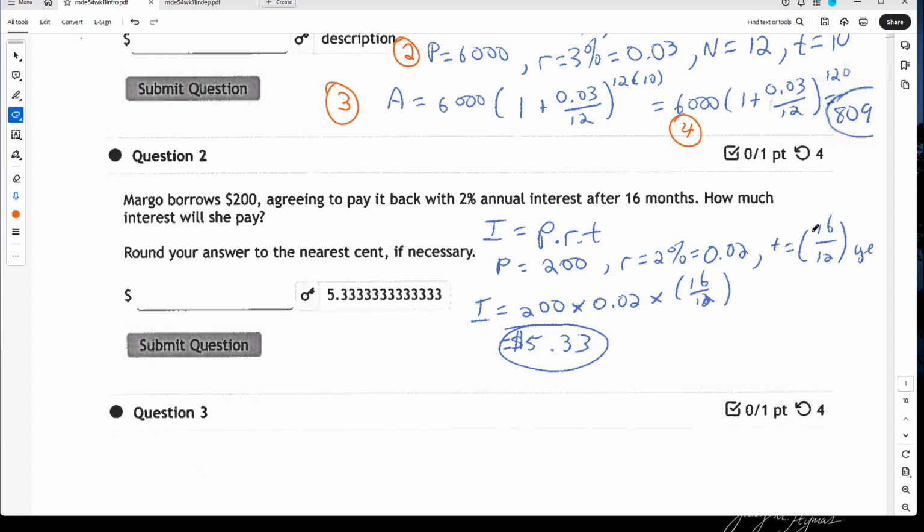Convert that to a year, that would be 16 over 12 years. I plug into my formula and multiply everything and end up with $5.33 for number 2.